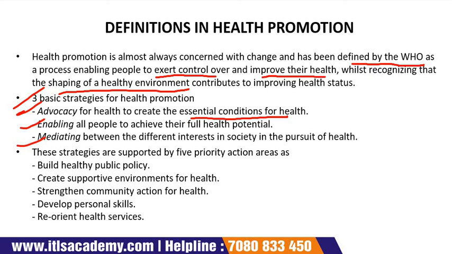These strategies are supported by five priority action areas that were governed by the Ottawa Charter. First is to build a healthy public policy, to create supportive environments for health, to strengthen community action for health, to develop personal skills, and to reorient the health service.